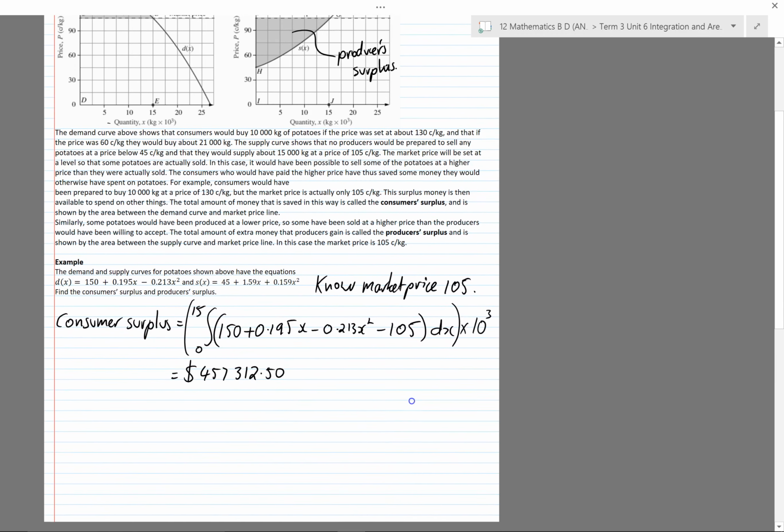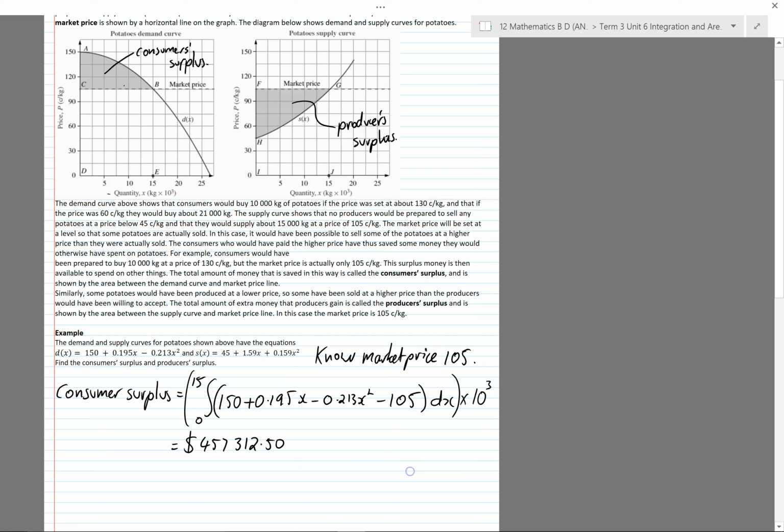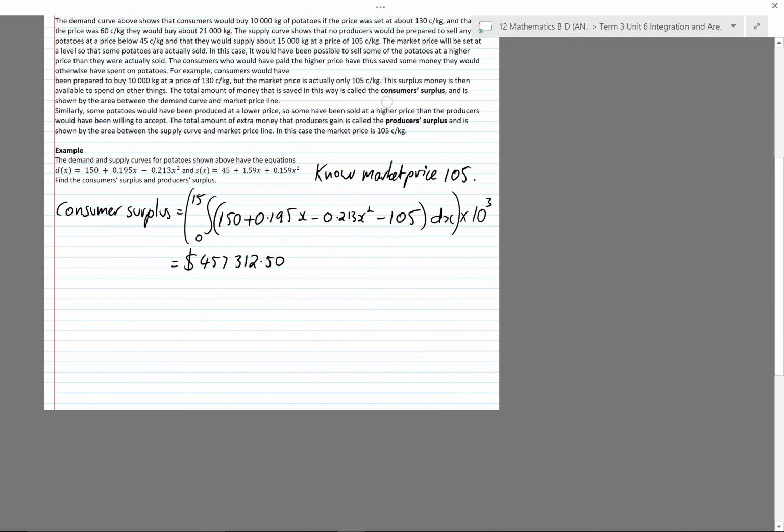Can then do a similar thing using the producer surplus. So I need to integrate between 0 and 15 of the market price, which I know is 105, subtract the supply curve. So I'll do that.